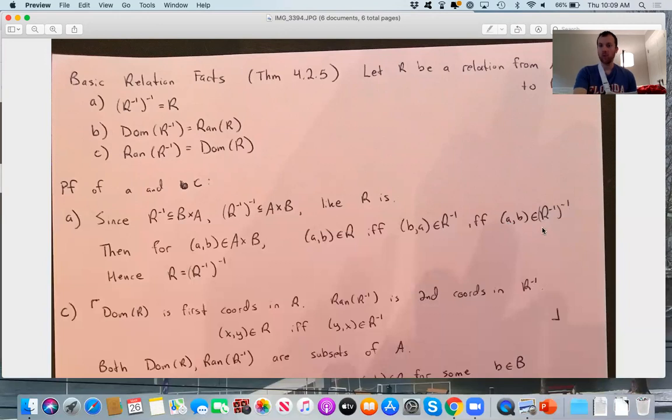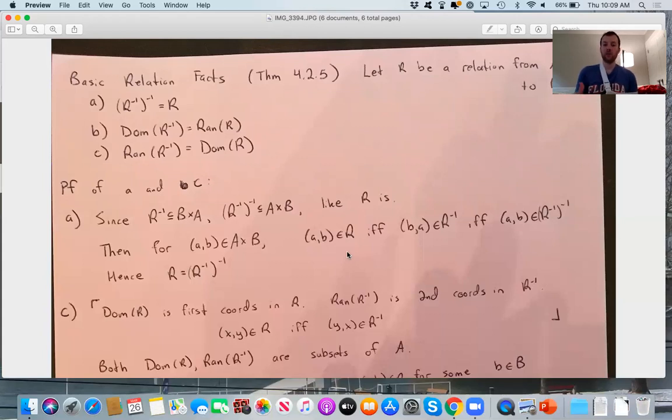So if the ordered pair is in the inverse inverse, the reverse of the ordered pair is in just the normal inverse. But then you can flip it back to go from R inverse to just R. So the right to left direction here is actually showing that R inverse inverse is a subset of R.